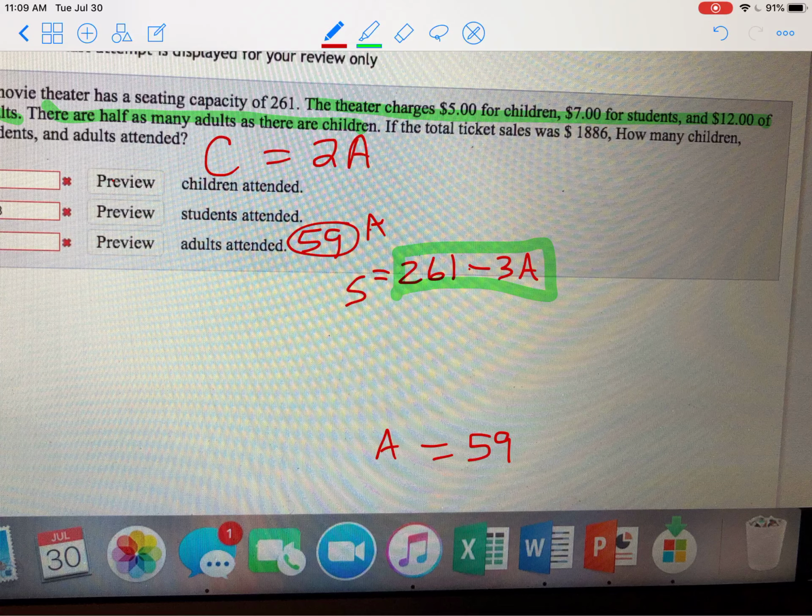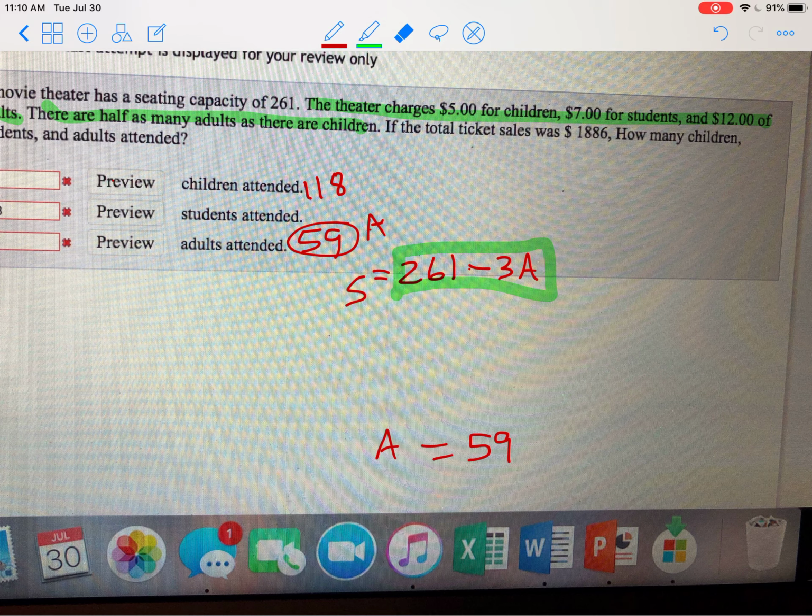So if A is 59, C is twice A, that means that C is twice 59, which is like 2 times 60, which is 120, and then you subtract 2. 120 minus 2 is 118. So from this equation we get 118 for children.